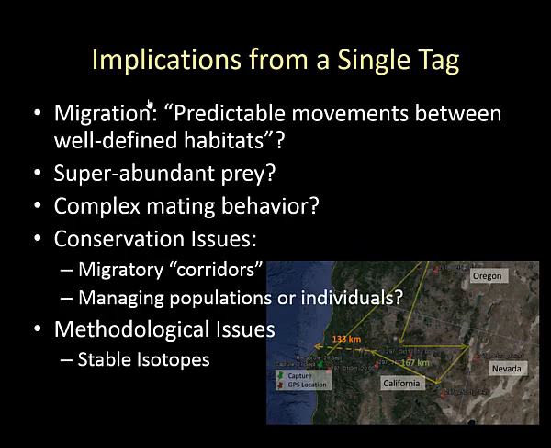That's unclear. It also, of course, raises some methodological issues. So if these kind of movements are typical for this species of bat at other times of year, it really helps us to understand why there's so much slop in the stable isotope analysis, because they weren't in a single location for the summer growing their fur.